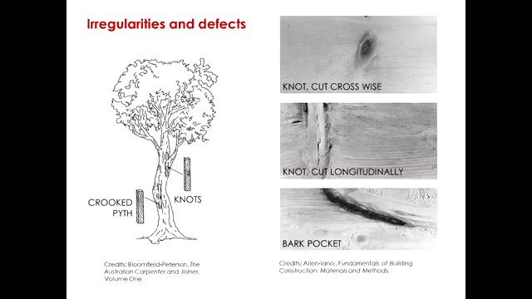And of course, not only seasoning, but since the beginning, since when you start cutting the trees, you can have defects and irregularities, and some of these are very obvious and well known, such as knots, bark pockets. Then it can also warp, it can shrink.